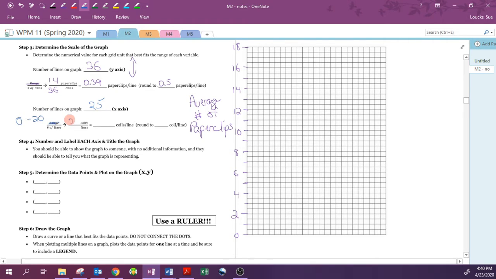So if I go 20 divided by 25, I'm going to get 0.8 coils per line. And I'm not going to use 0.8 coils per line, because then my one coil would be somewhere in between, and that would be silly. So let's make it 1 coil per line, and that's going to take up a little bit more space. And so my label on this is going to be number of coils.